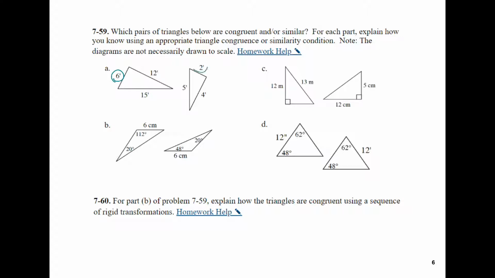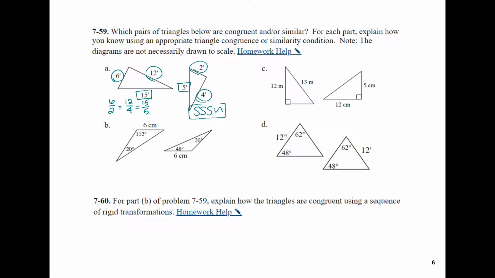I'm going to put my 6 over my 2, my 12 over my 4. 6 over 2 simplifies to 3. 12 over 4 also simplifies to 3, and I'm going to put my 15 over my 5, and 15 over 5 also reduces to 3. So we can say that these two triangles are similar by side-side-side similarity.